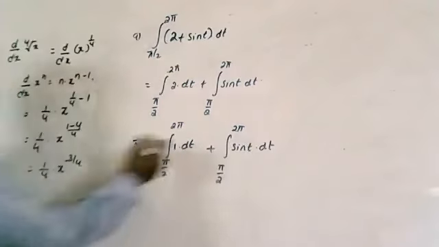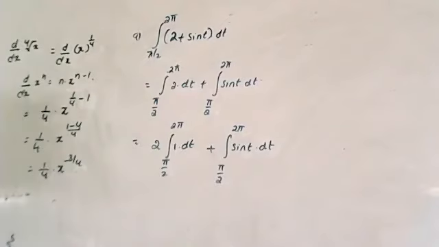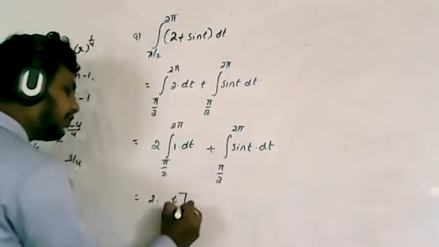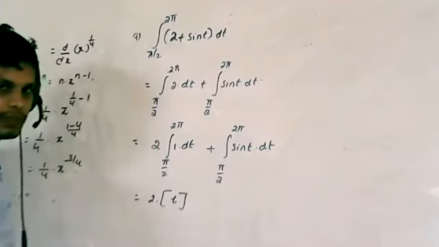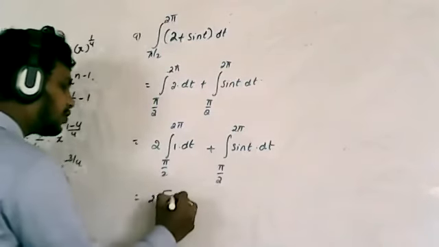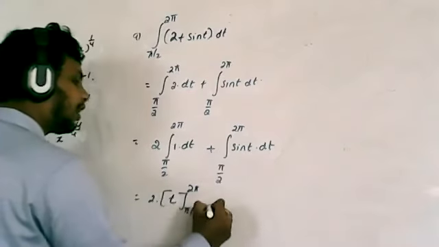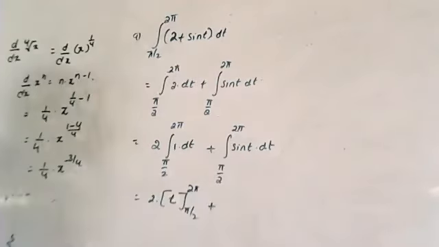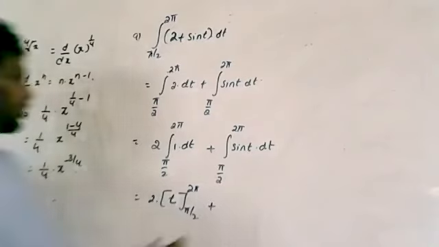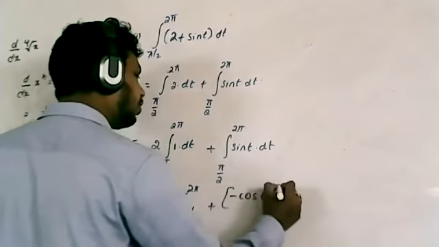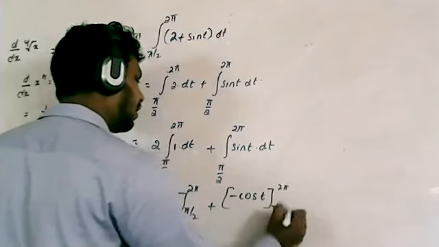Now what is integration of 1 dt? Integration of 1 dt is t. Upper limit 2 pi, lower limit pi by 2, plus integration of sine t dt. Integration of sine t dt is minus cos t between the limits 2 pi and pi by 2.